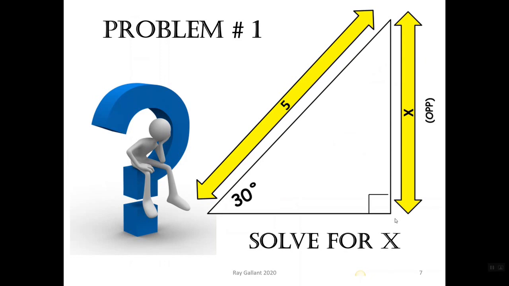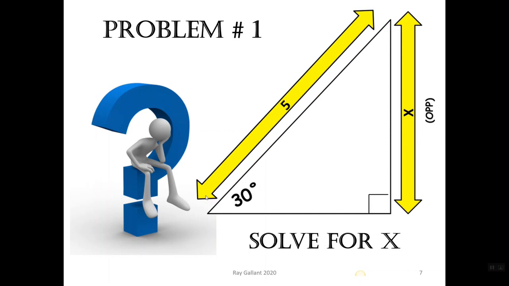Okay, problem number 1. What we have is we have one side here that's 5 inches. And what we want to know is x. We also have a 30-degree angle. So if our angle's here, this length here is called the opposite side.